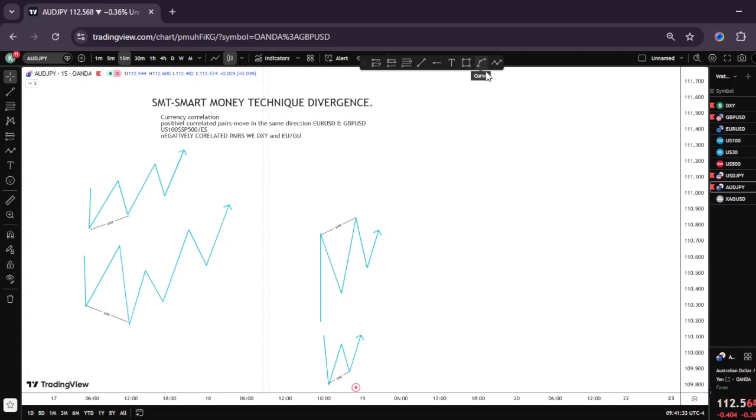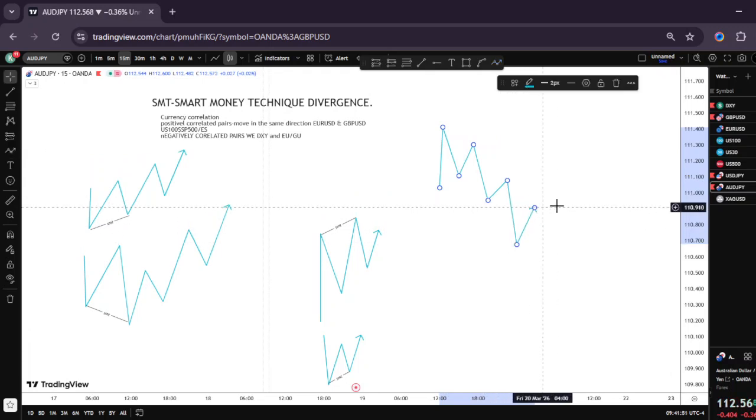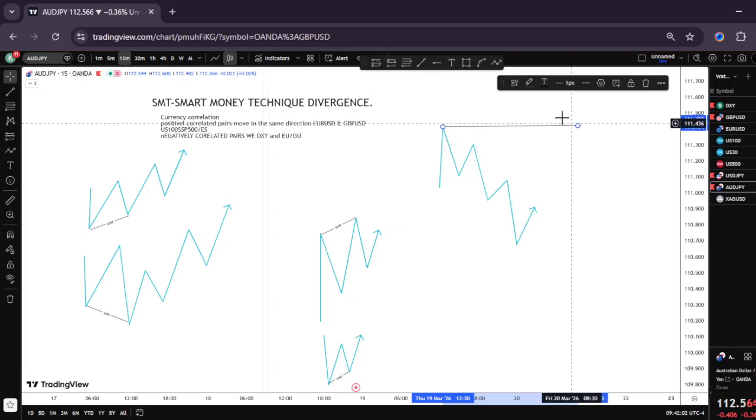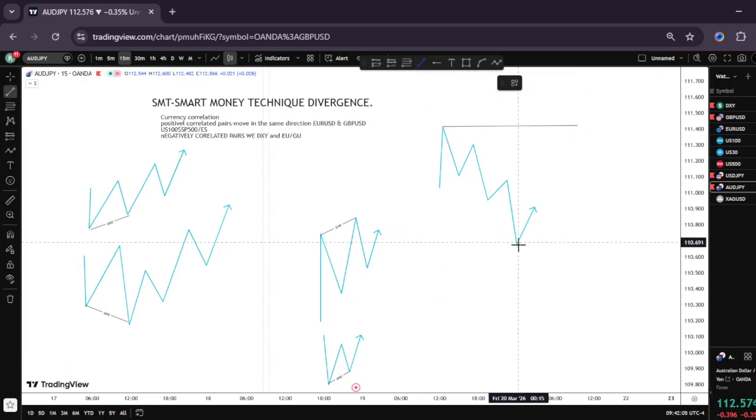Maybe, for example, if one pair engages a swing point, for example, if I was to draw that, we have our swing high and this is our swing low.